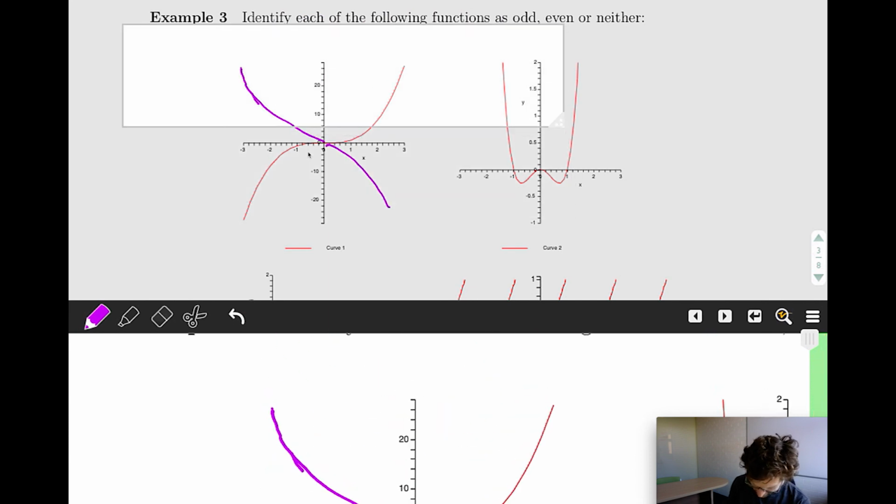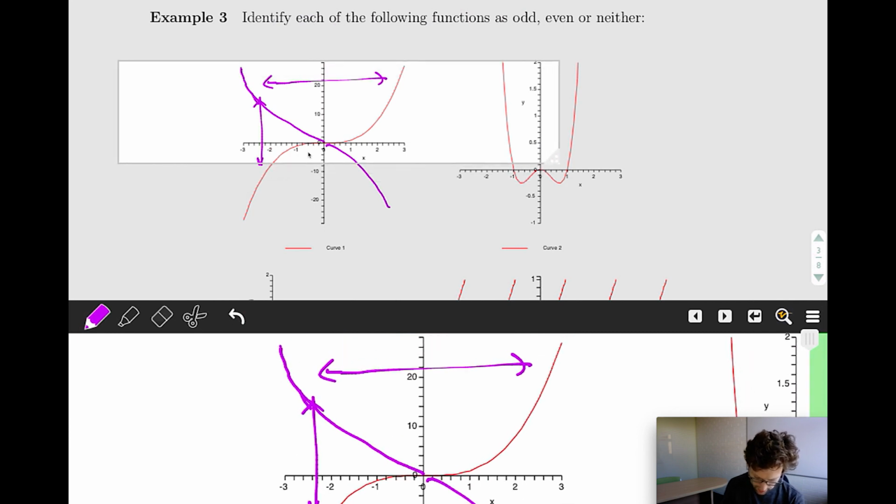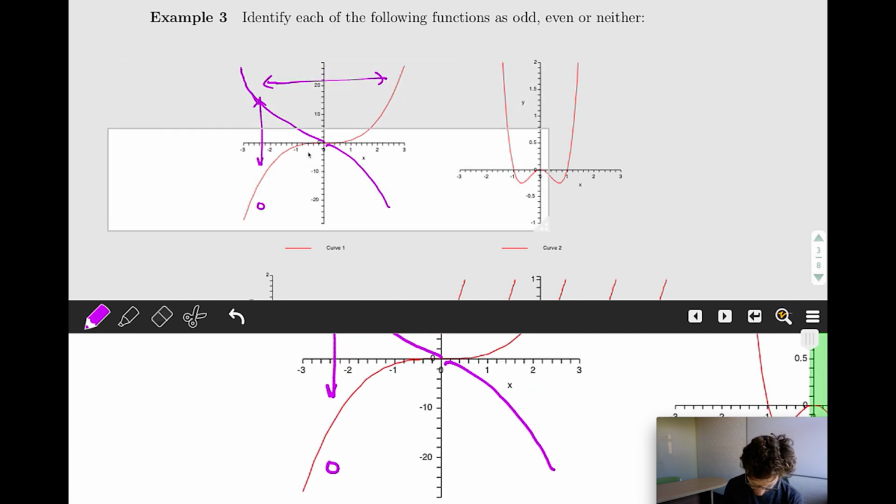Right, so swapping left to right is not enough. I also need to swap up, down, and that will actually give me back my function again. So this is two swaps, left and right, and up and down, so this will be an odd function.